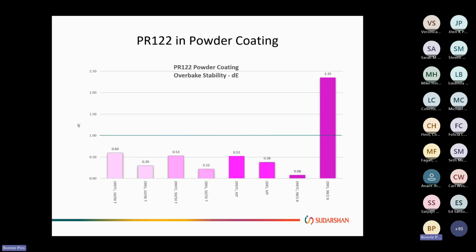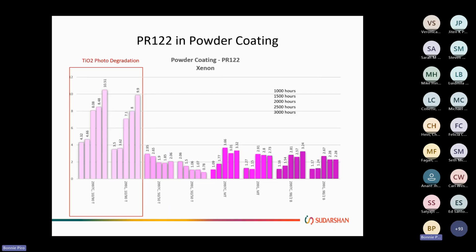In overbake stability, we do start to see a difference in this carbon black formulation with this particular product. So the impact of the finishing choices does appear to have this impact on this particular property.